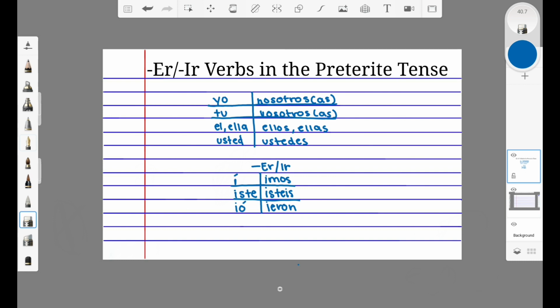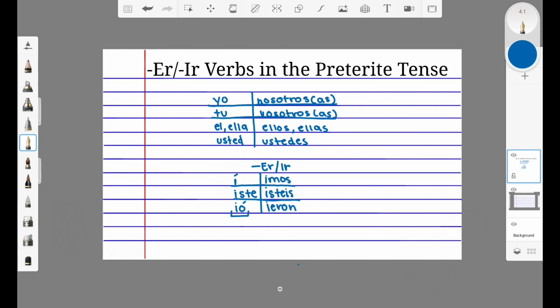And also remember that even though it's not as important to have an accent, because you do have an extra letter that signifies it, it is still there, so remember where to put your accents. And this is for both ER and IR verbs.